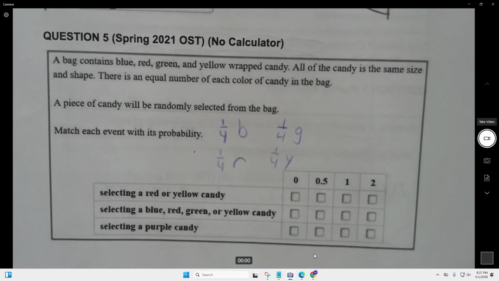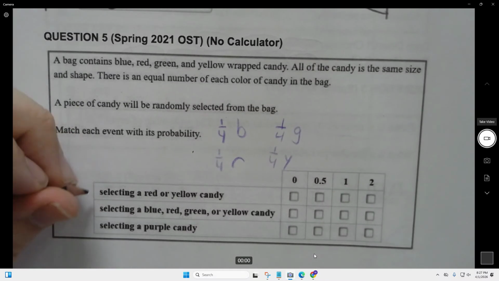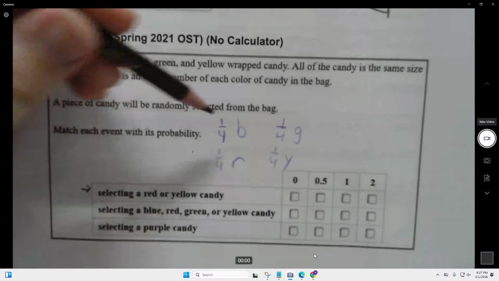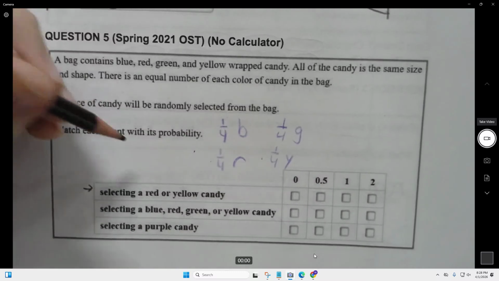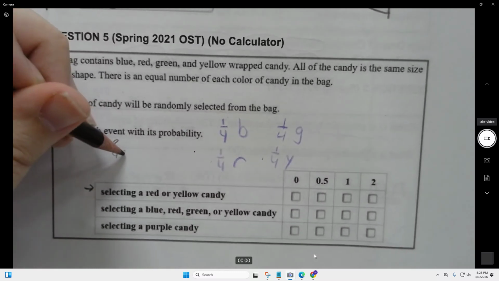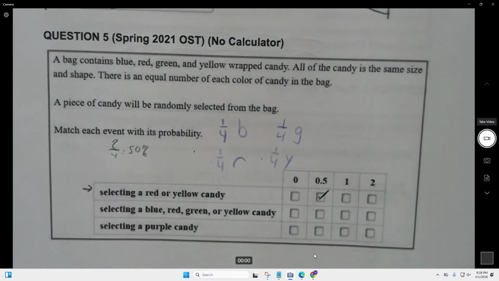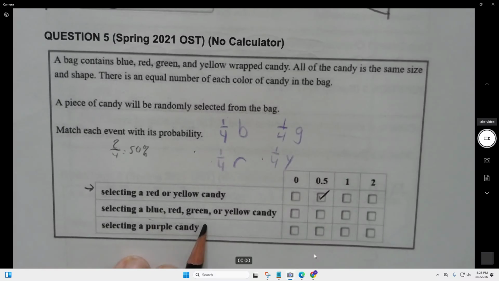Okay? Match each of it with its probability. You get a red or yellow candy. So red, 1/4, plus yellow, 1/4, is 2/4. 2/4 is 50%. Huzzah.